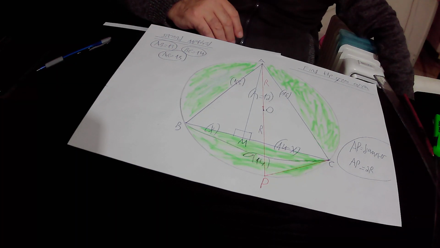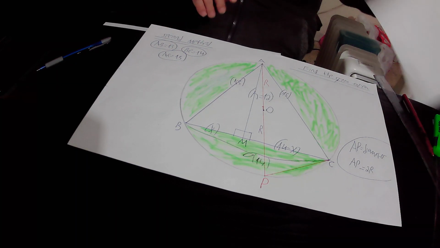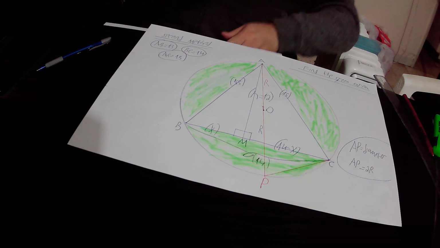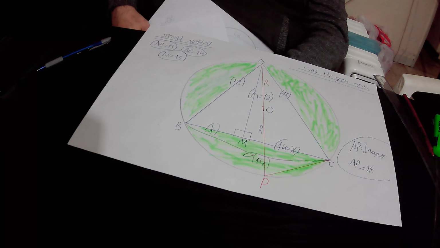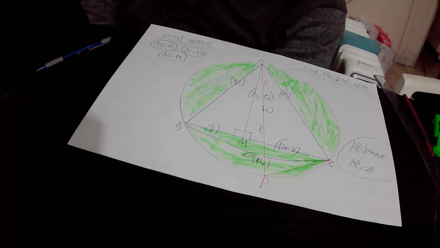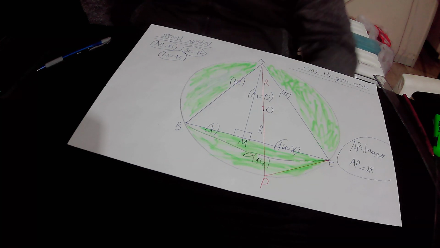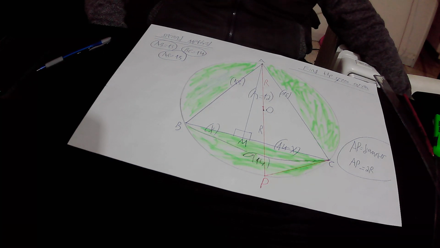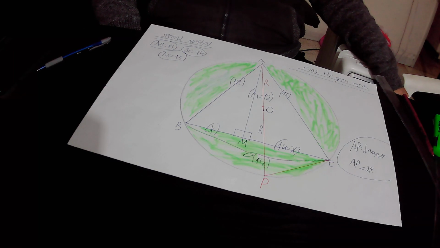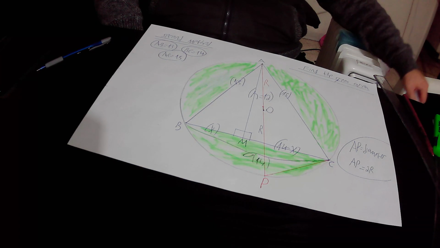And we actually have rule number 7 that states that any peripheral angle that rests on the diameter of the circle must be equal to 90 degrees.